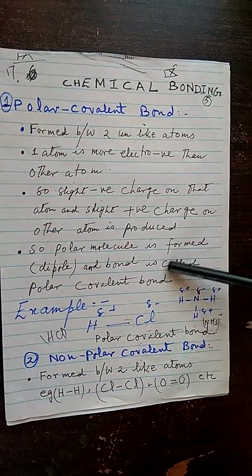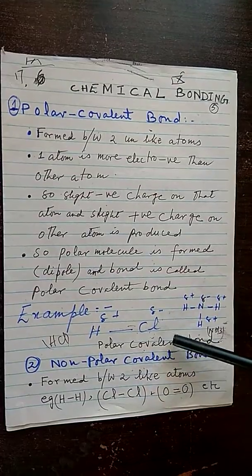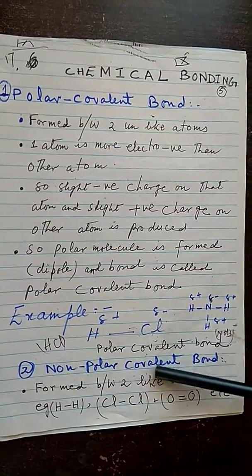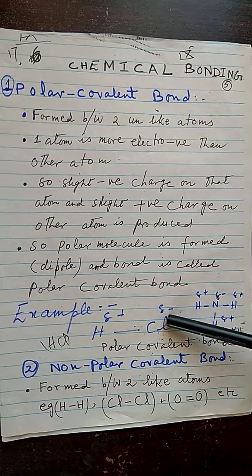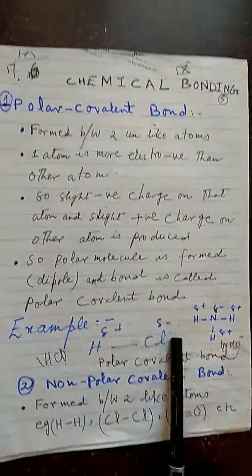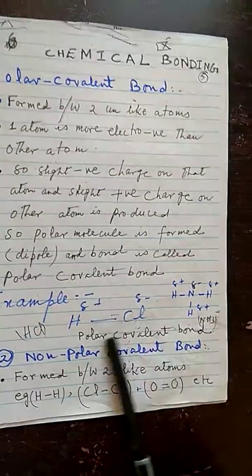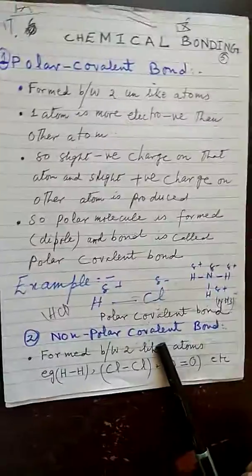So it needs 1 electron to complete its octet. So it shares 1 electron with hydrogen and hydrogen shares 1 electron with chlorine. In this way hydrogen completes its duplet and chlorine completes its octet. But because chlorine is more electronegative, this electron pair is shifted towards the chlorine atom, and in this way a polar molecule is produced and the bond is known as polar covalent.